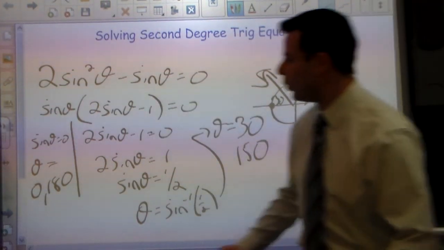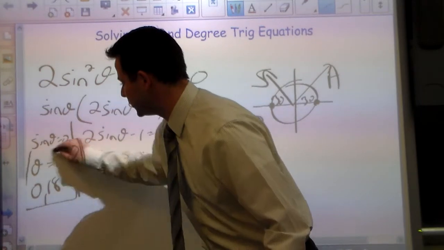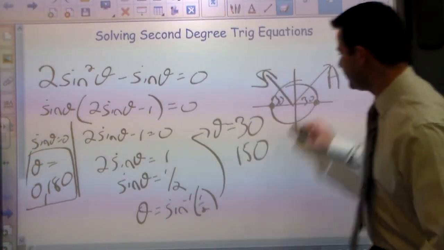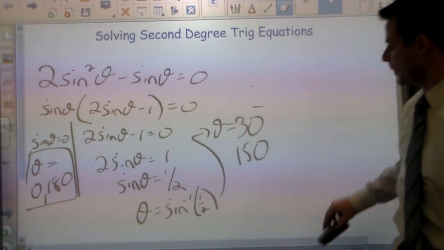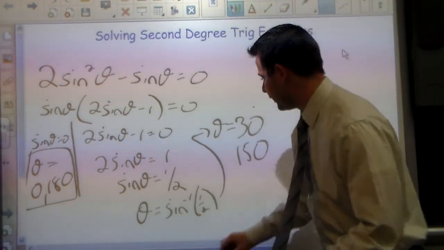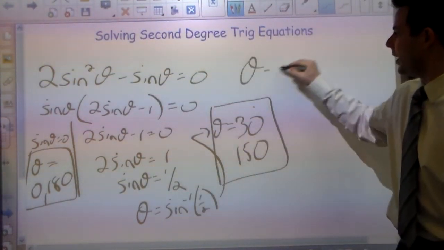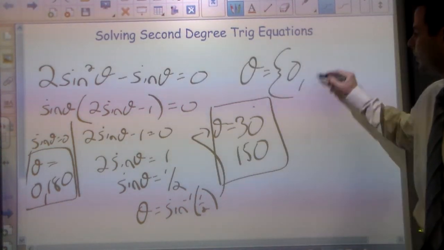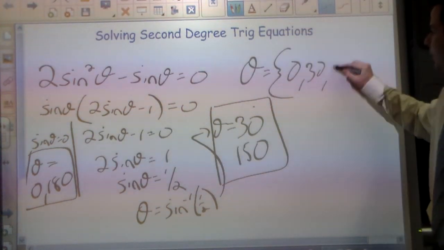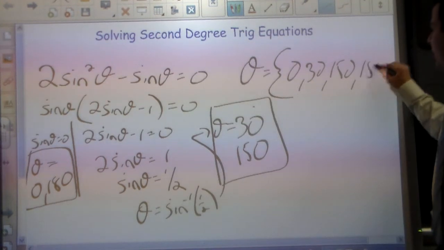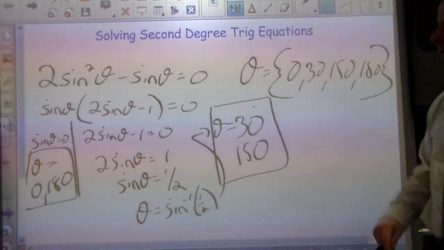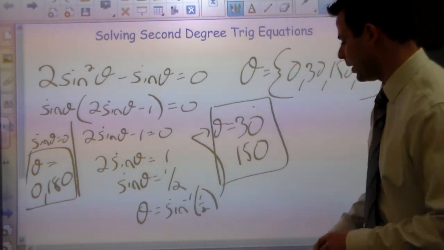So in this case, we have 4 solutions. We have 0 and 180, and we have 30 and 150. So our solution set, theta equals 0, 30, 150, and 180. 4 solutions.